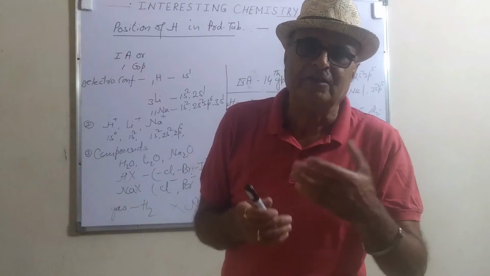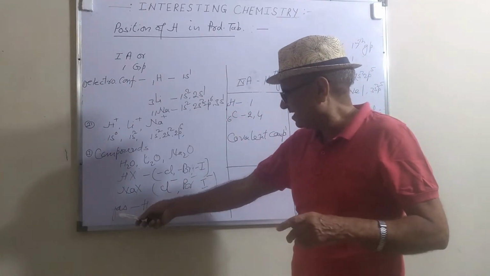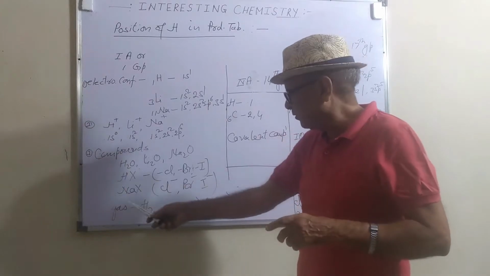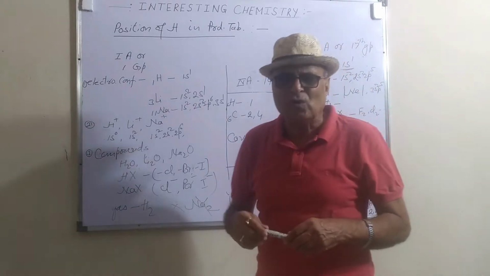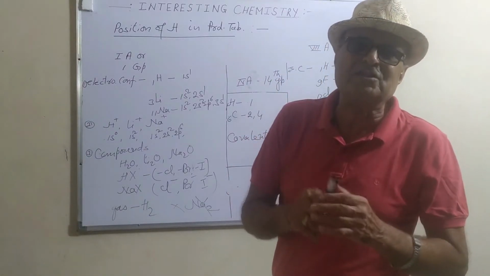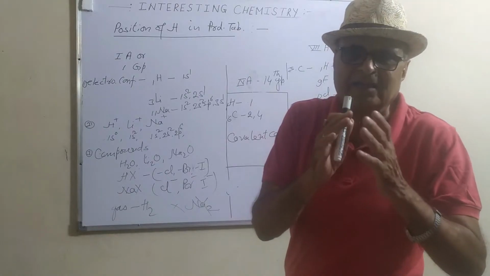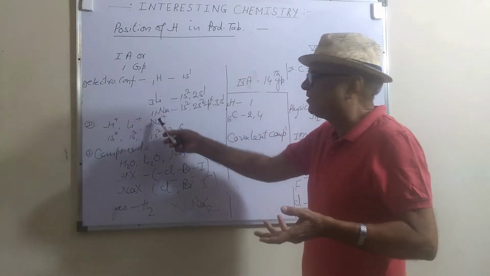But on the contrary, hydrogen is a gas. It forms a diatomic molecule. So it is not a proper classification. How can you justify that hydrogen is similar to lithium, sodium, potassium?